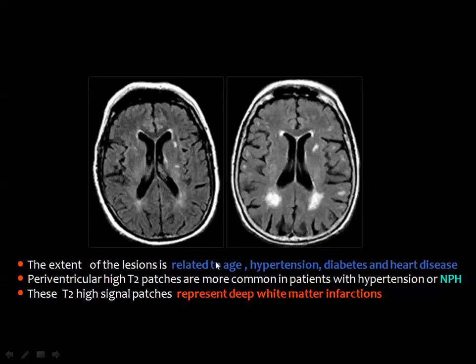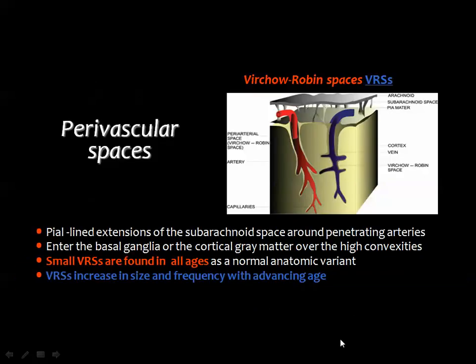And the lesions will be related to the age, and they will be more evident and more sizable in patients who are hypertensive and diabetic, or those who have heart disease, like ischemic heart disease, for example. Then we consider that these lesions represent white matter ischemic areas or infarctions.